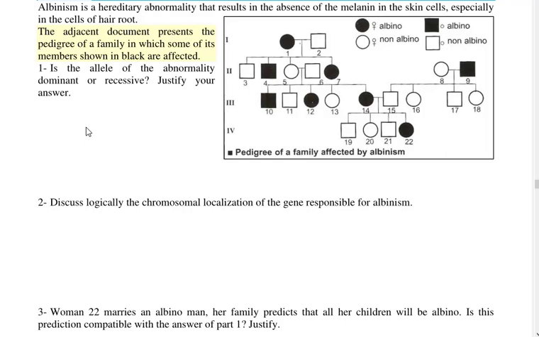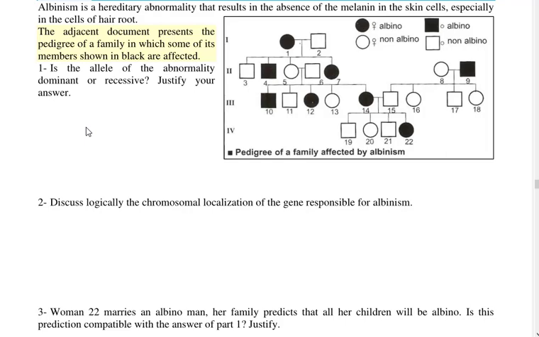We look at affected females and look for their father. Affected female number 27 has a normal father, number 1 2. So it is not on the non-homologous part of X.